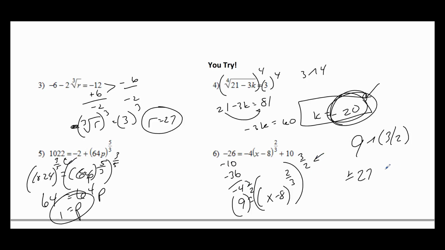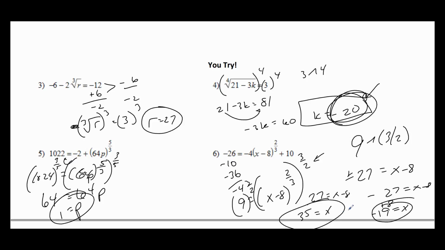The denominator is even, equals x minus 8. So you get 27 equals x minus 8, add 8, so x equals 35. And then negative 27 equals x minus 8, add 8, and I get negative 19 is equal to x. You don't even have to check. That's the beauty about this part of the math. Those are your two answers, 35, negative 19.